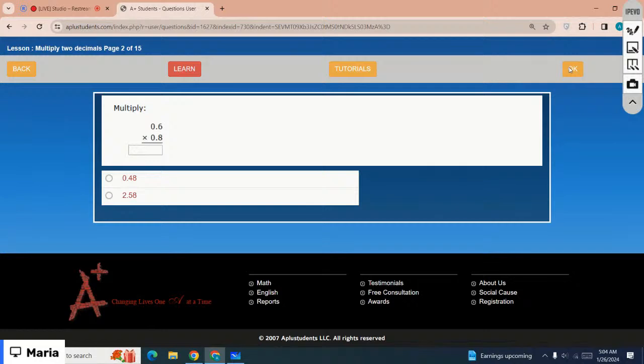The next one is multiply 0.6 times 0.8, which is the correct option?